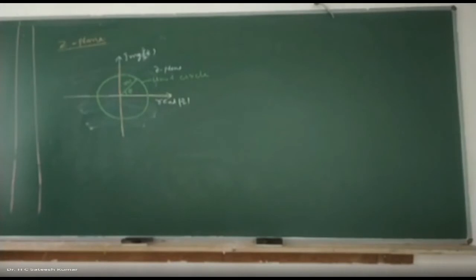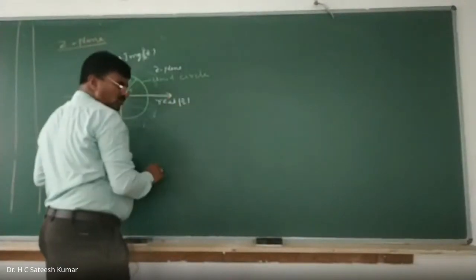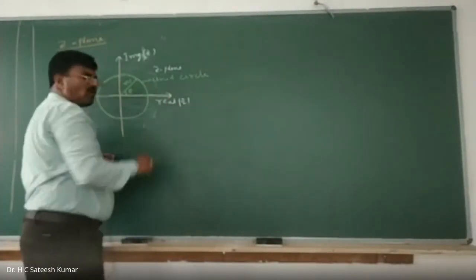And as we all know, on the unit circle, when r is equal to 1, Z transformation reduces to Fourier transformation. So what is the meaning of it?